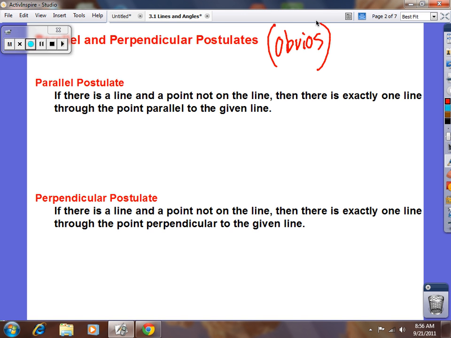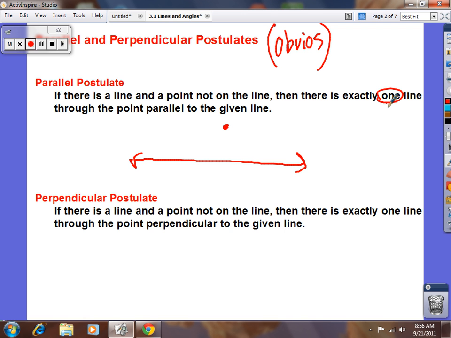The parallel postulate. Here's the parallel postulate. If there is a line, so let's draw a line. Everybody draw a line. If there is a line and a point not on the line, so I'm going to draw a point above it right there, then there is exactly one line that can go through this point and at the same time be parallel.